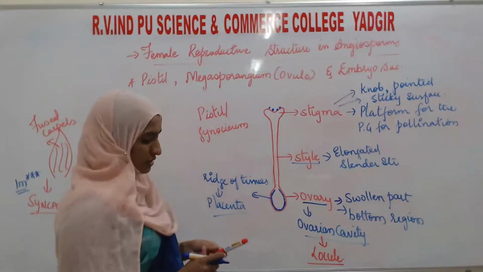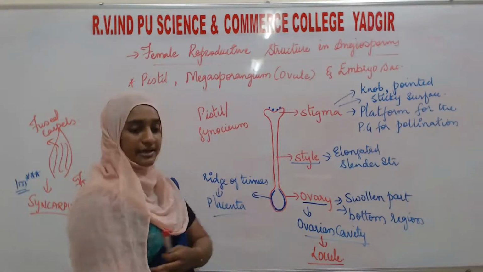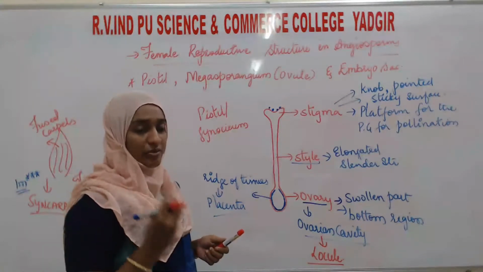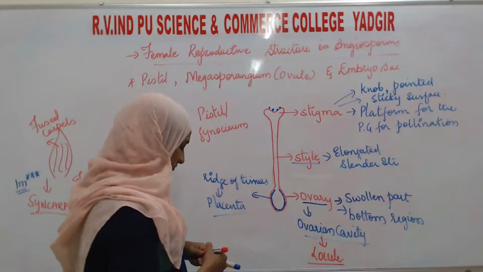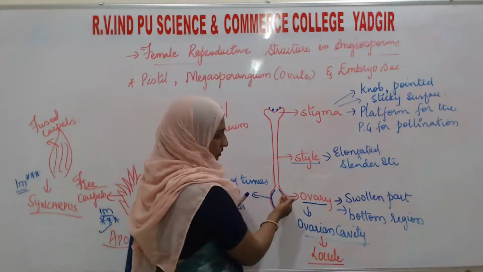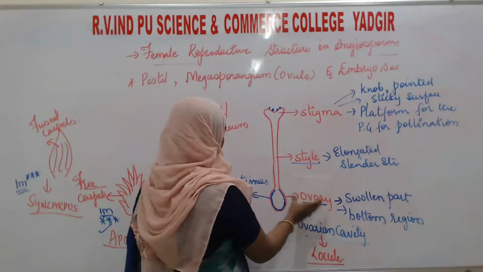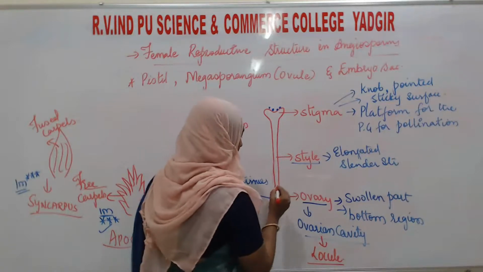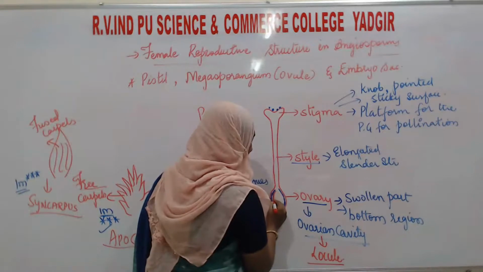You have already studied placentation. This placenta gives an attachment between the ovary and the ovules. Inside this ovarian cavity or in the locules, there will be the presence of ovules.